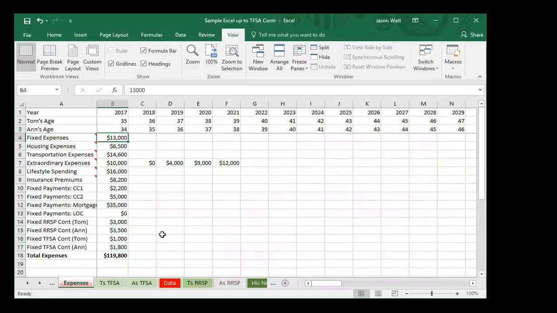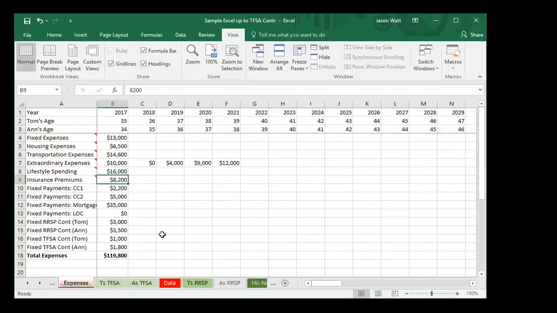Now, some of these expenses are going to index and some of them are not. This is where I see a little bit of a gap in how I did things. One of the places that indexing is a little bit weird is with insurance premiums. There are some insurance premiums that are indexed to inflation: home insurance, auto insurance, and health and dental benefits are generally inflationary costs, whereas life and disability insurance are generally not inflationary costs.